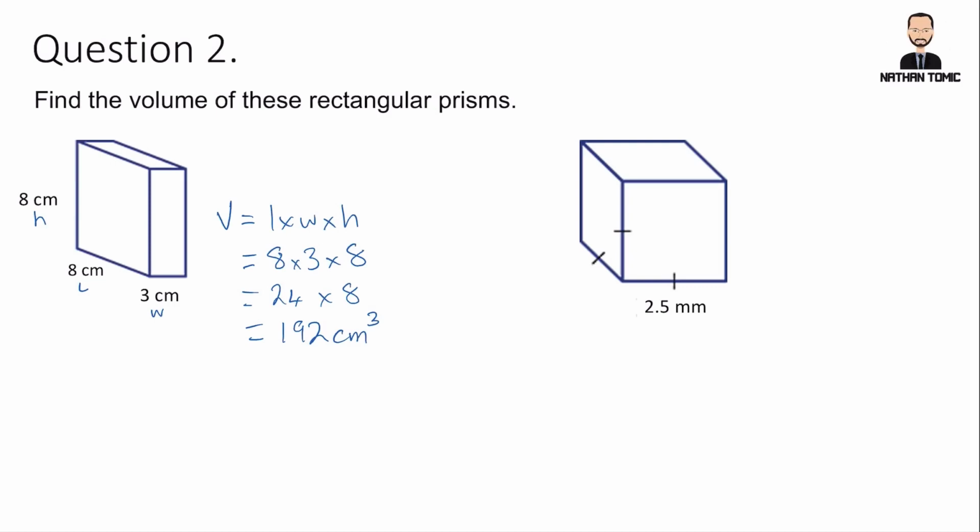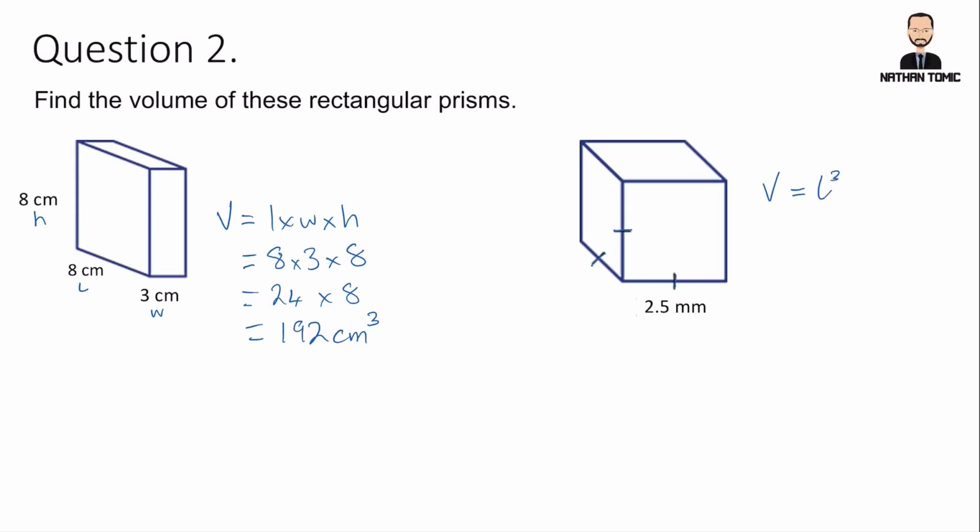Don't forget the cubed. In our second example here, we have another rectangular prism, but we can see by the fact that we've got these markings on here for the 3 sides that this must in fact be a square rectangular prism. So all those sides are going to be the same. So we could go through and say length times width times height, and we could still do it that way, but we can also say in this case volume is equal to length cubed.